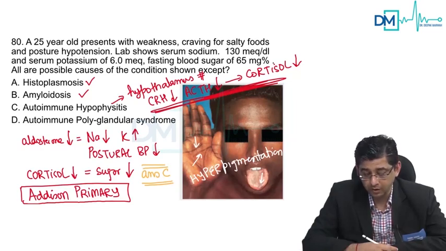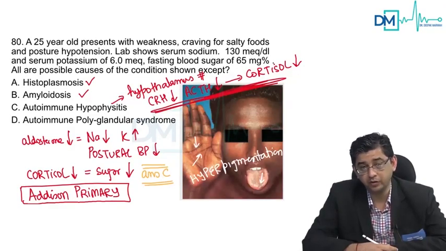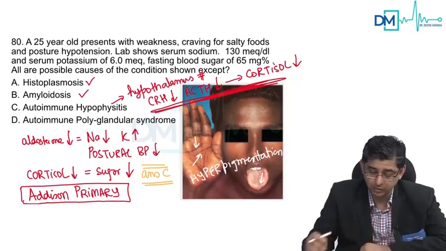If the hypothalamus is involved, that causes tertiary Addison disease. So choice C of this MCQ is causing tertiary Addison disease, whereas choices A, B and D are causes of primary Addison disease, where the gland itself is damaged. In tertiary Addison disease it is the hypothalamus, and in secondary it is pituitary damage. So the answer is C.